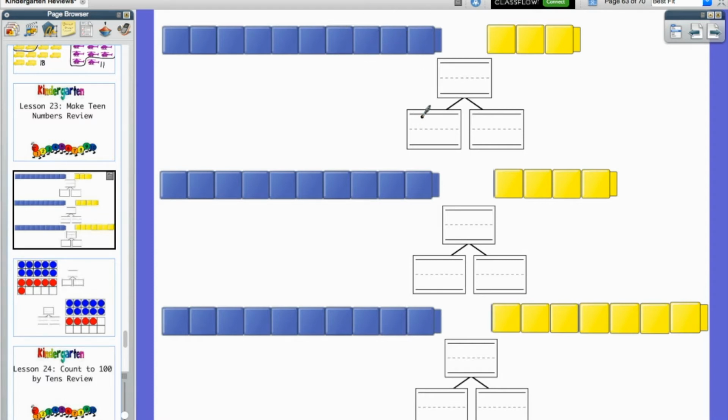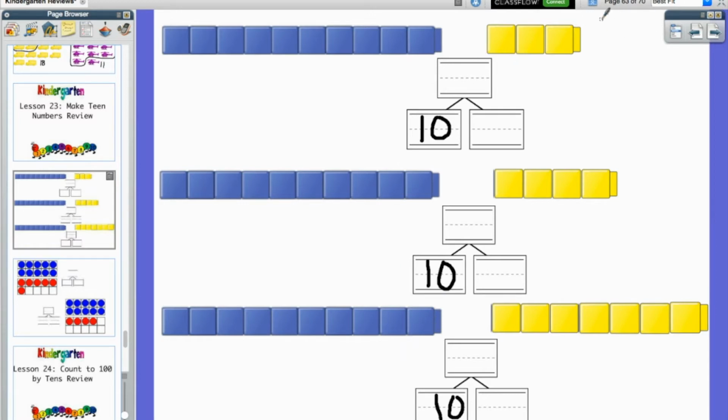So we have a group of 10 blue cubes. All three of our pictures here have 10 blue cubes, so the number 10 is going to be part of our number in all of these pictures. But we know teen numbers means we have a group of 10 and then some ones.